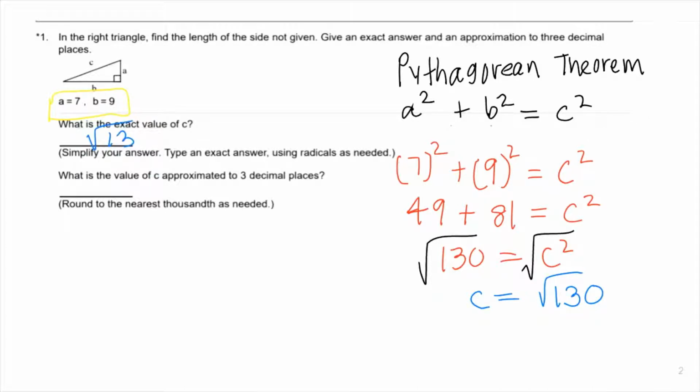And then if I plug it into the calculator, what's the value of c approximated to 3 decimal places, I get 11.402.